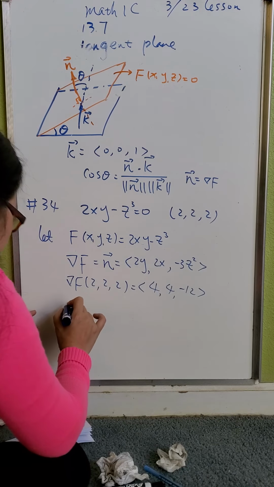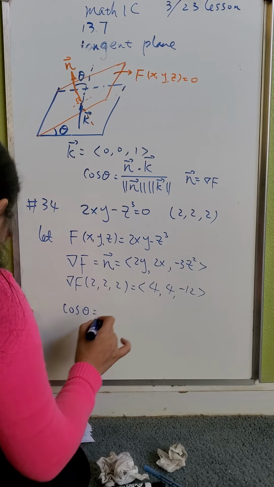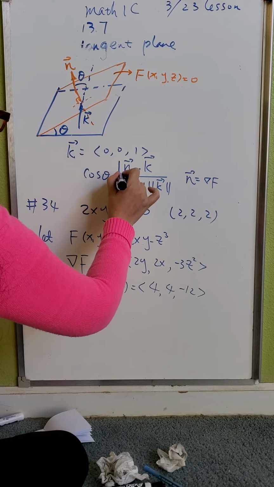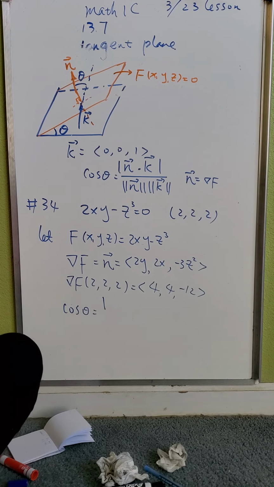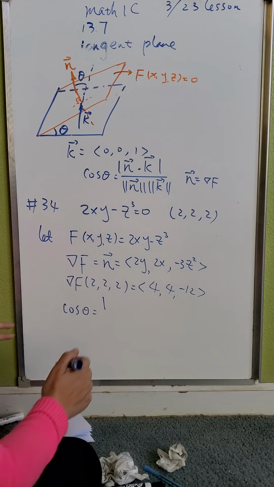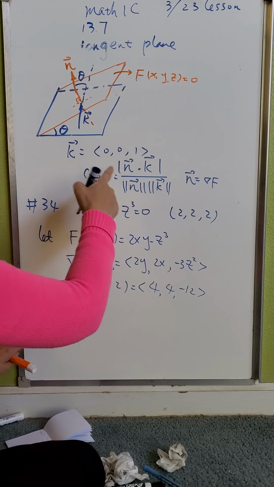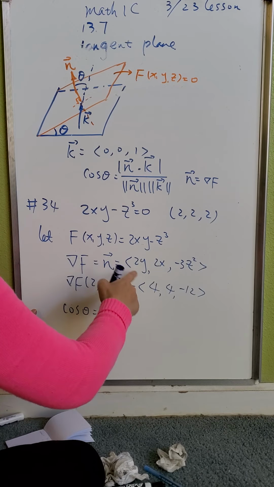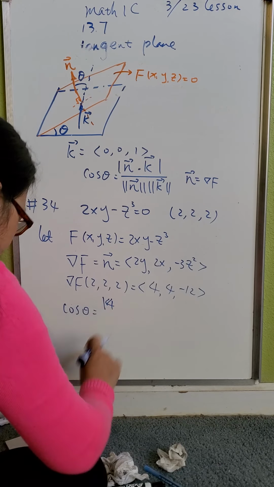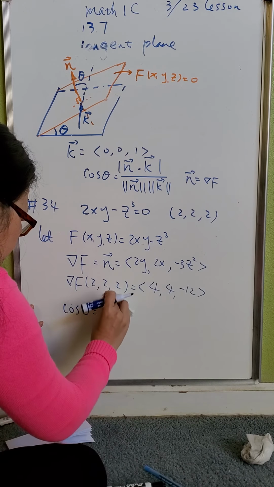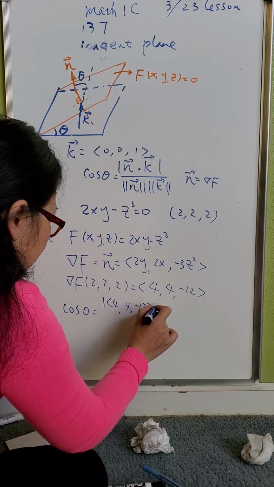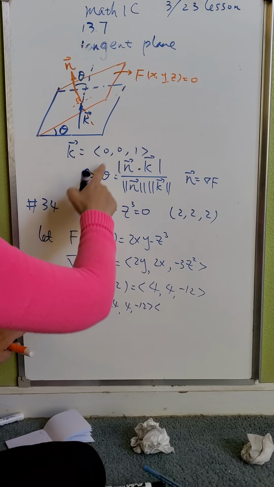Now put in the formula for cosine theta. We just take the positive one, so we take quadrant one only. N is equal to (4, 4, -12) and K equals (0, 0, 1).